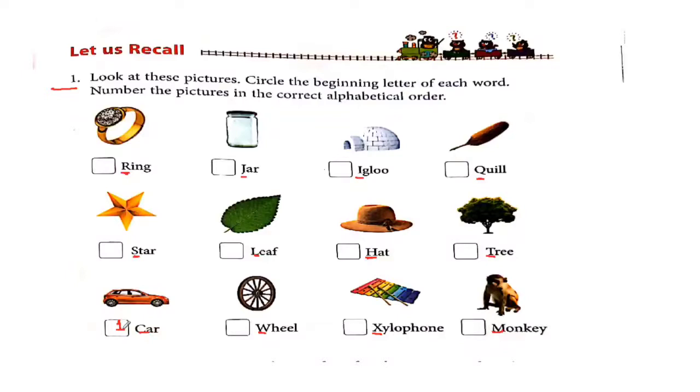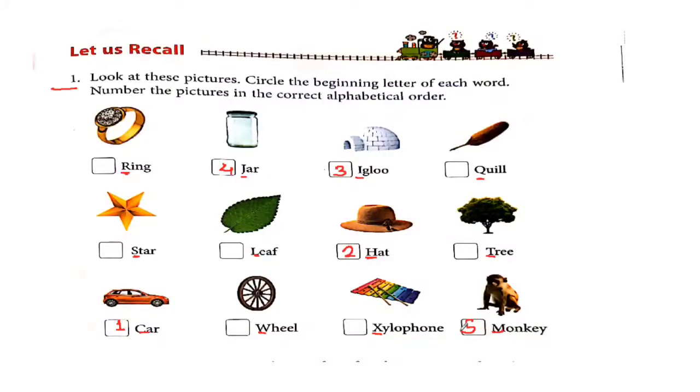Then G, H, yes, H for hat. Then I for igloo. J for jar. K, no. L, no. Then M, yes, M for monkey.